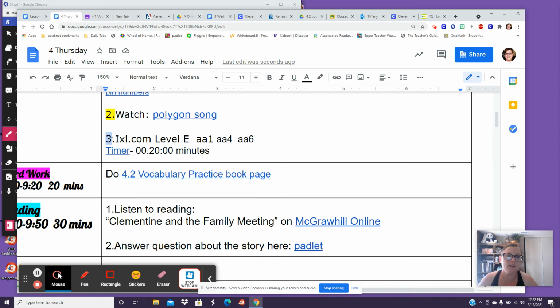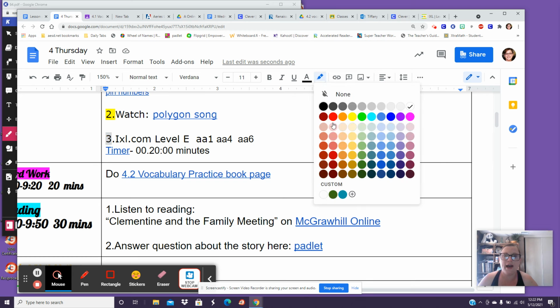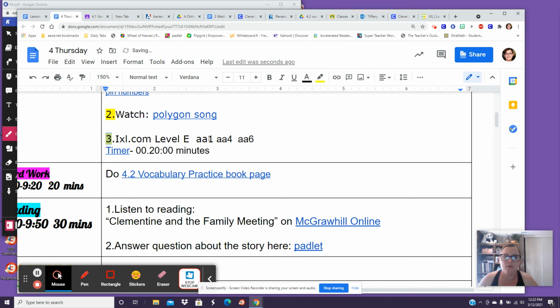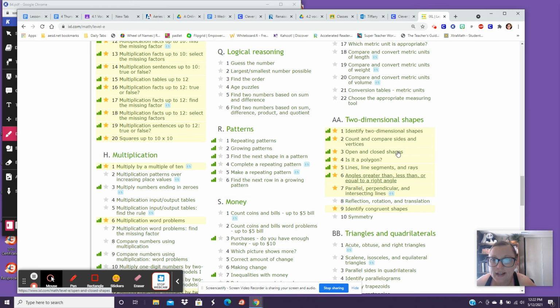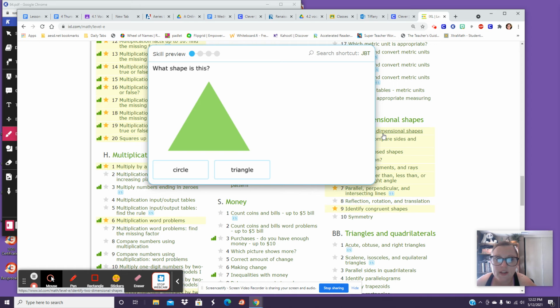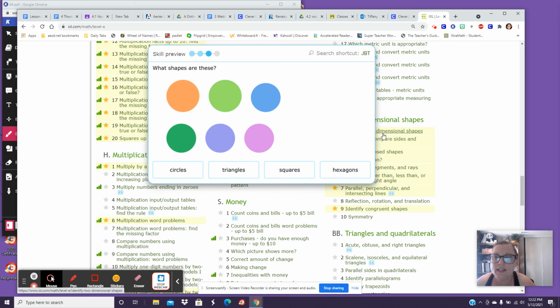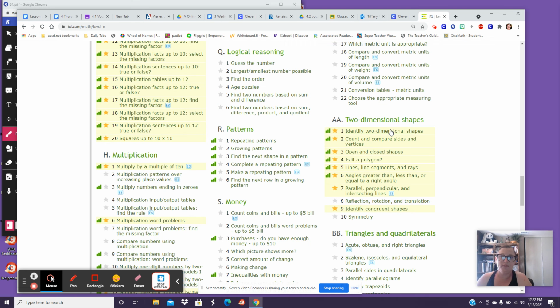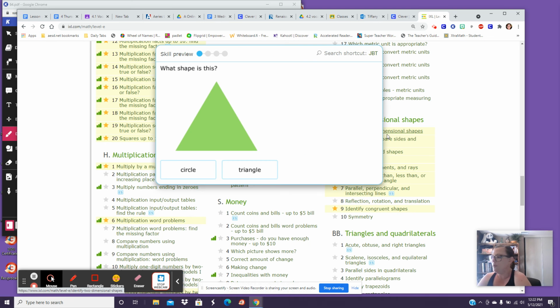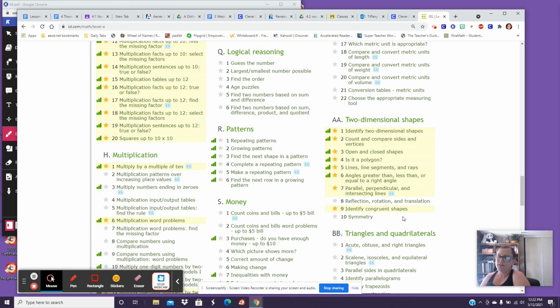Then the third thing you're going to do is IXL, AA1, AA4, and AA6. So when you go to IXL, AA1, you're going to be telling me the names of the shapes. Remember, we learned the names of the shapes in the lesson yesterday. So if you want to, it would be a good idea to open up your book to the page that has all the names.